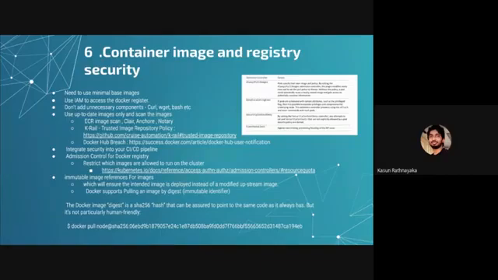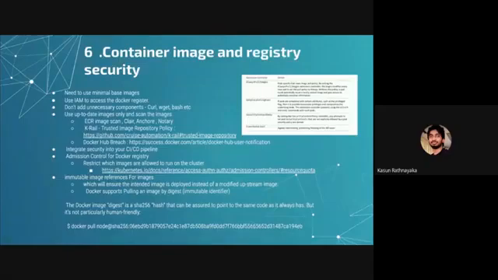If you have a Docker registry running in your environment, it is better to have proper network segmentation for the Docker registry, and better to have an authentication process for it, so you don't give unauthorized permissions to your Docker registry.